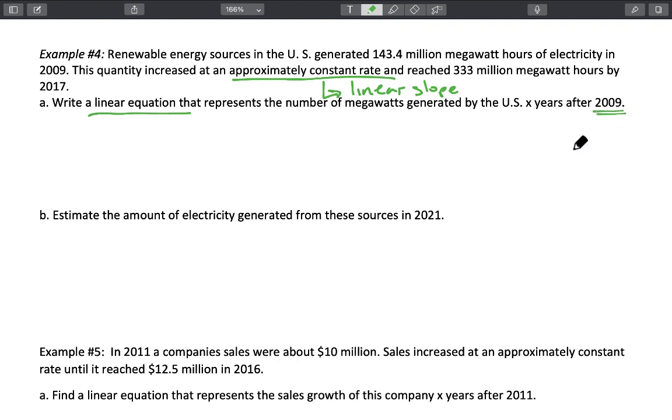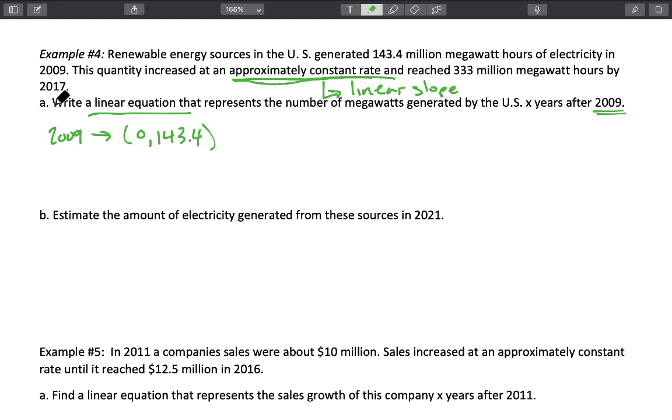All right, so a few things as we read through this word problem. We want to try to pick out a few points that we can find the slope between, because it increases at approximately a constant rate. So 2009 is going to be our year 0, and it had 143.4 million megawatt hours, okay?